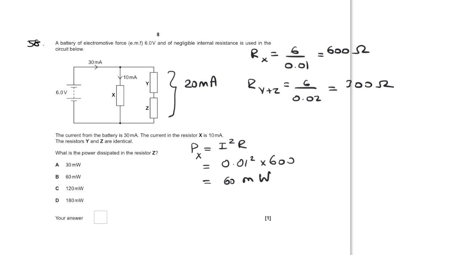Because there are two resistors, Y and Z, connected in series, there's going to be twice the power dissipated altogether, so 120 milliwatts will be dissipated through both of them. Individually, they will dissipate an equal amount of power because the resistance is the same, as well as the current. So B will be my answer.